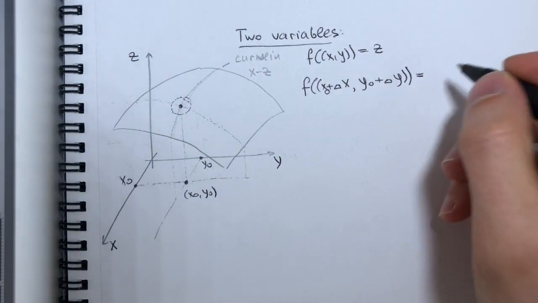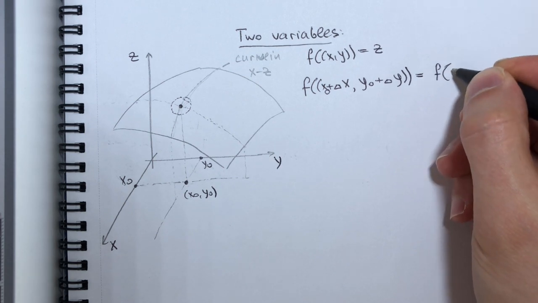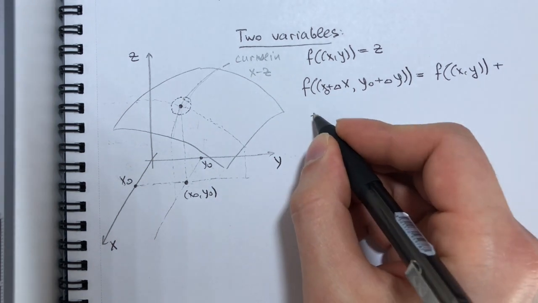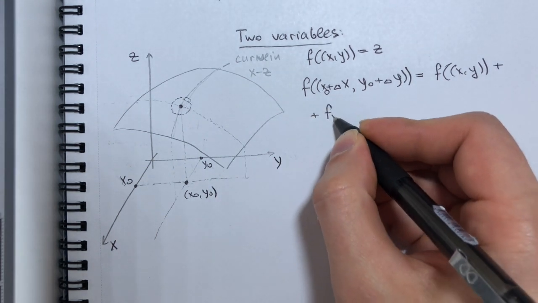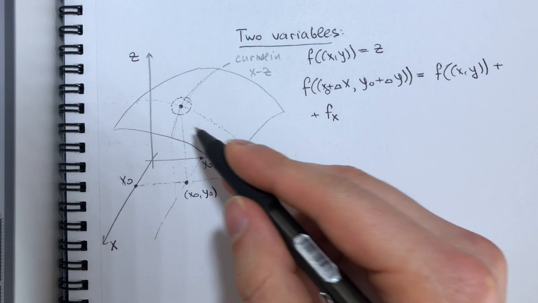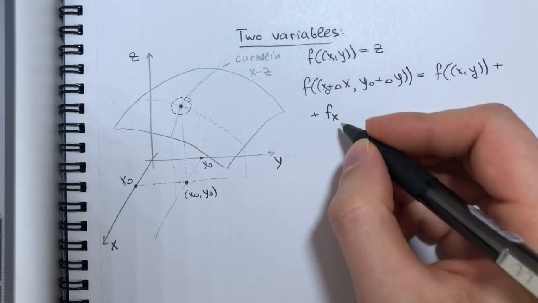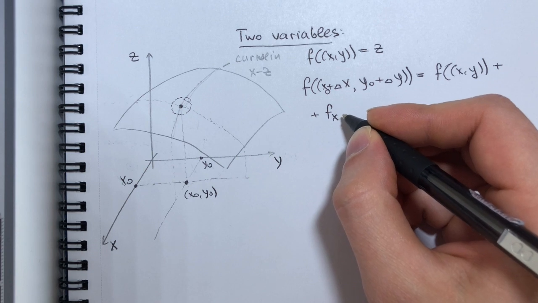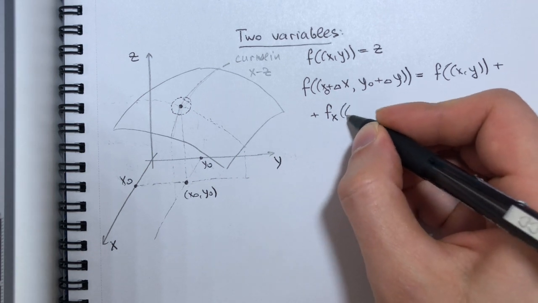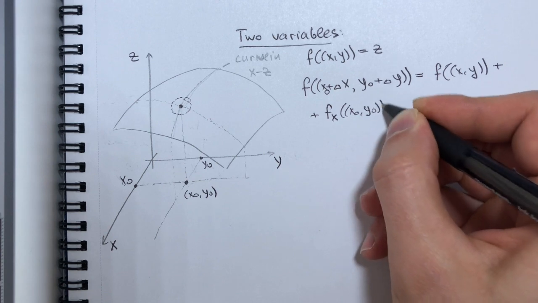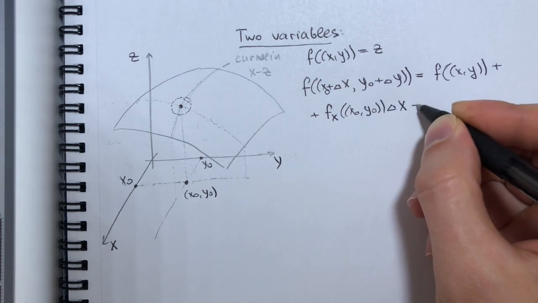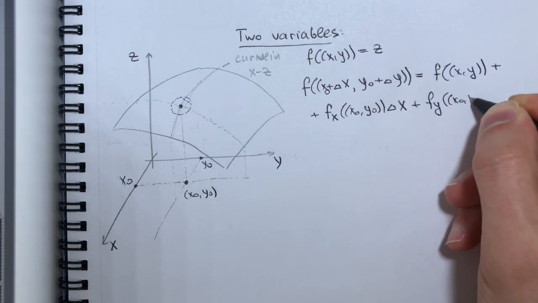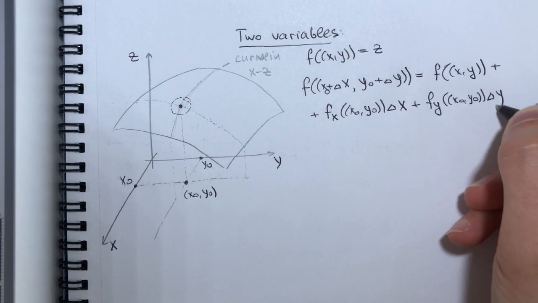and we want to approximate it in a similar manner as in single variable stuff. So we should get that it's f of x, y, and then we add changes that partial derivatives bring us. So we want to evaluate the partial derivative with respect to x at the point x naught, y naught times delta x plus f sub y at x naught, y naught times delta y.